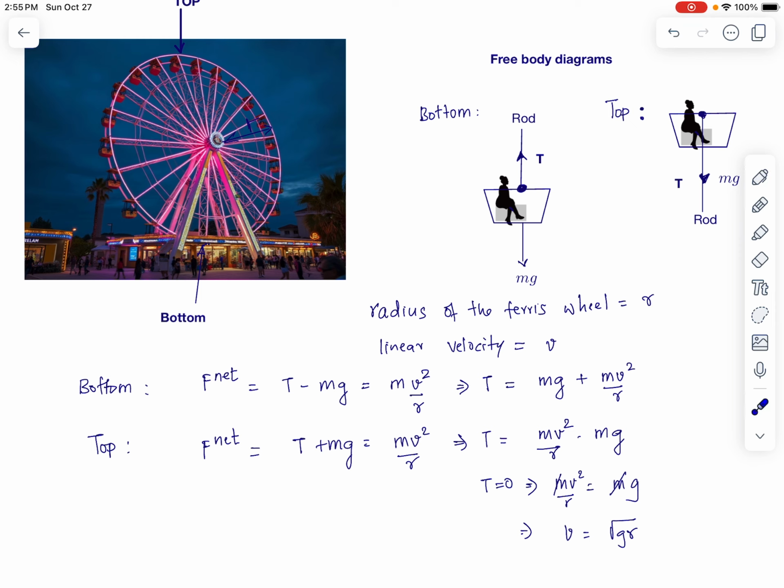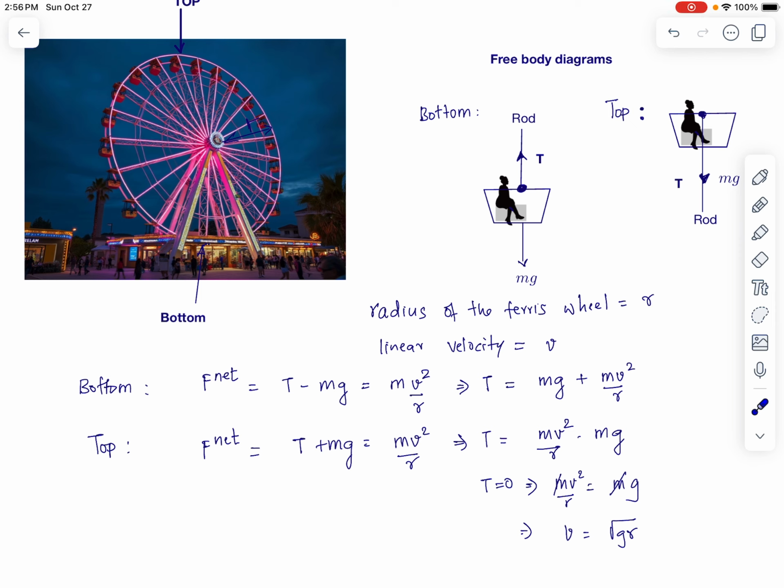So we see a situation where the tension in the rod is very high at the very bottom, and it can go all the way to 0 depending on how fast the Ferris wheel is moving. The tension in the rod keeps changing with respect to time. That's one of the results that comes out of this analysis.